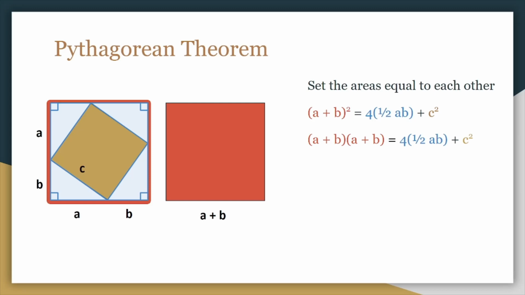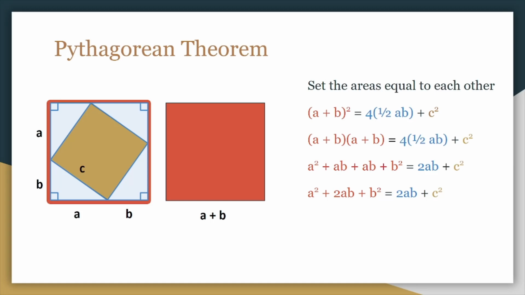And this is the area of the square hole. We'll write out the binomial on the left side to get a plus b times a plus b, which equals 4 times ab divided by 2 plus c squared. Simplifying both sides of the equation gives us a squared plus ab plus b squared equals 2ab plus c squared. Now we'll combine like terms on the left side.